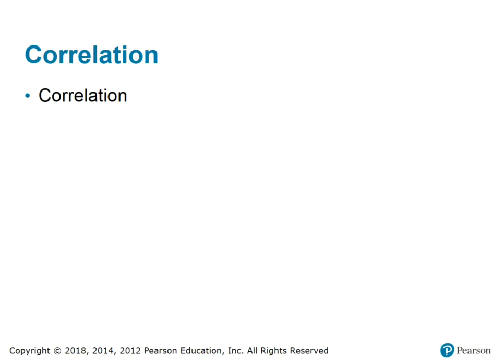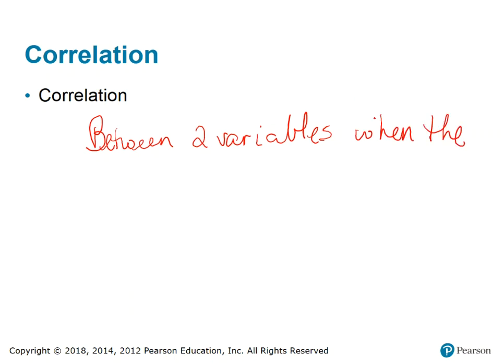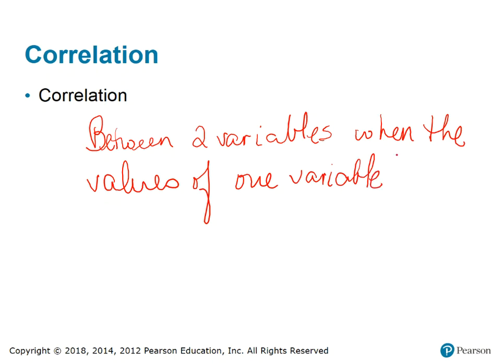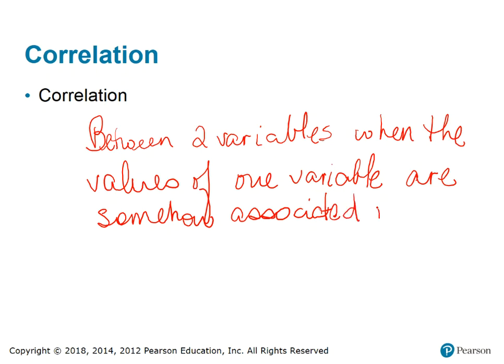A correlation exists between two variables when the values of one variable are somehow associated with the values of another.